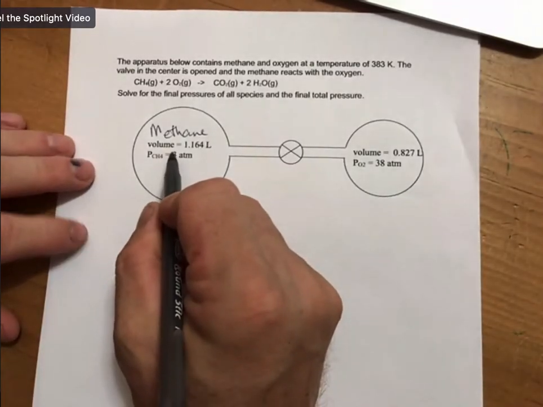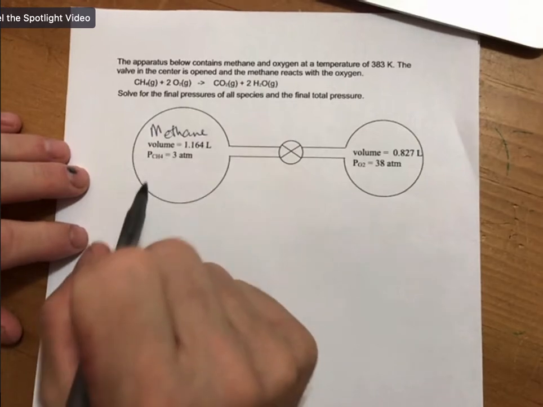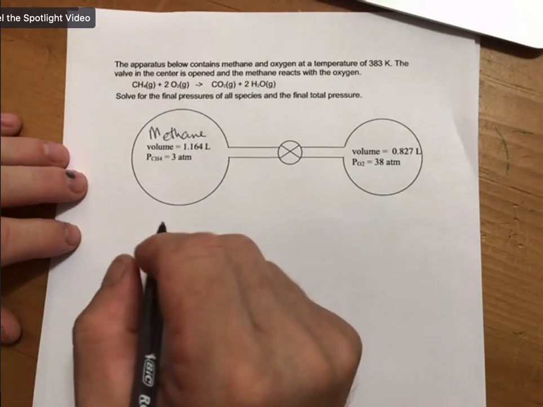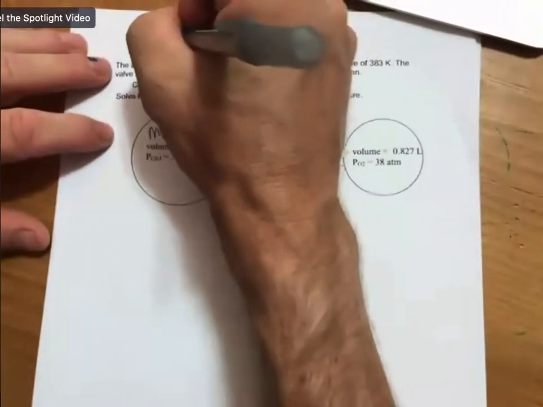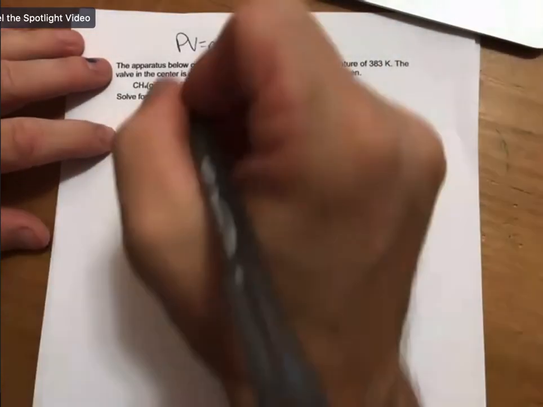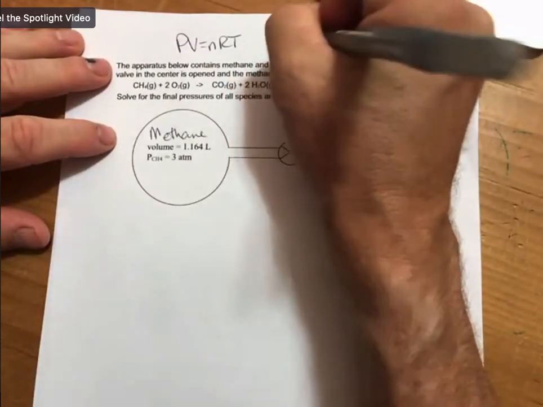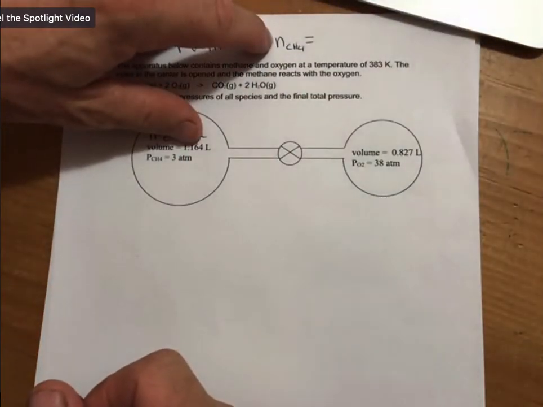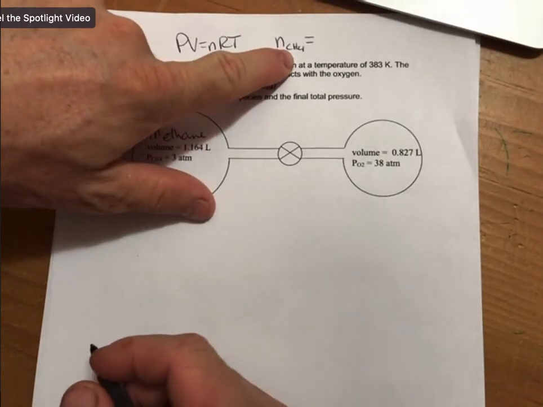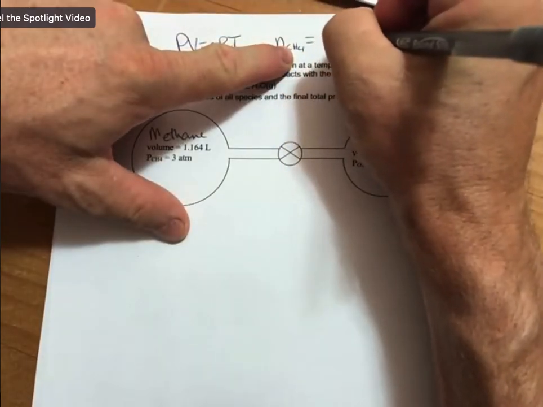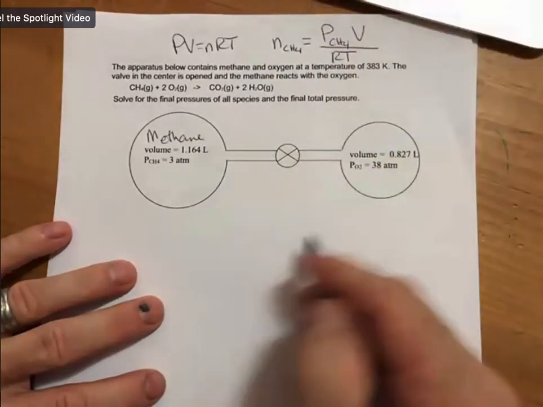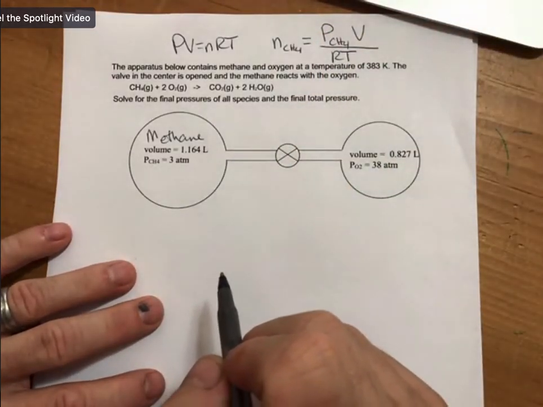So for methane, we can find the moles of methane. I will do it a slightly different way this time. I'm going to write my ideal gas law up here, PV equals nRT. Since I'm looking for moles, I will rearrange it and personalize it for the moles of methane. Moles of methane are going to be partial pressure of methane times volume over RT. A similar expression we'll do for oxygen in a minute.